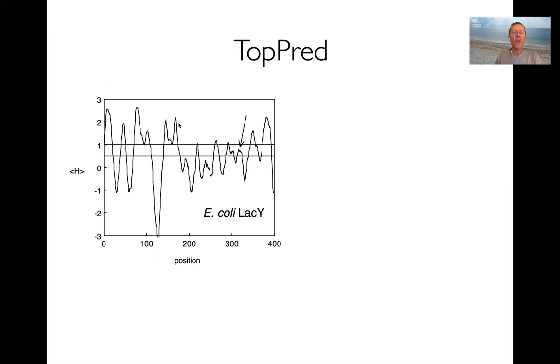Now, what you want to do here is predict which of these peaks actually are true transmembrane helices. And so you would like to be able to define a cutoff value, say this line here, that would clearly discriminate between peaks that correspond to transmembrane helices and peaks that are not quite hydrophobic enough to become transmembrane helices. If you could find such a cutoff, then this problem would be solved.